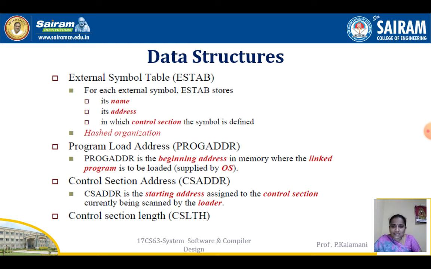Here the external symbol table is constructed, represented as ESTAB. It has the name, the address, and the control section in which the symbol is defined. These three pieces of information are in the external symbol table.